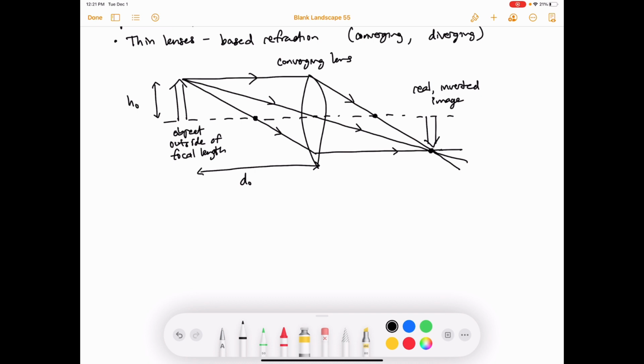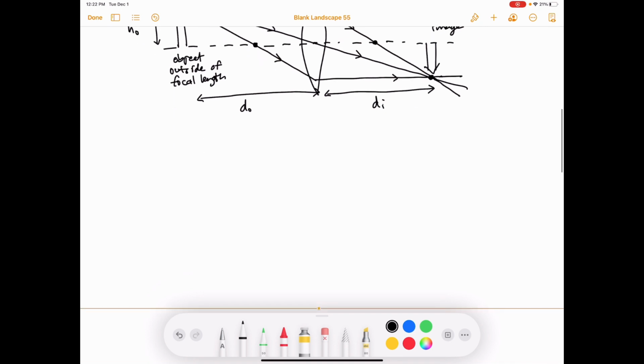It's real because we actually have rays converging at that point, but it's inverted because the arrow is flipped upside down compared to its original orientation. We also have DI, which is the distance between the lens and the image. And then one last distance that we should take note of here is F, the distance between the focal point and the lens itself.